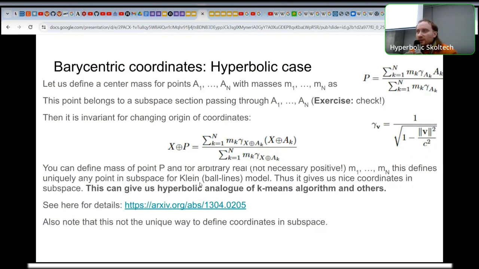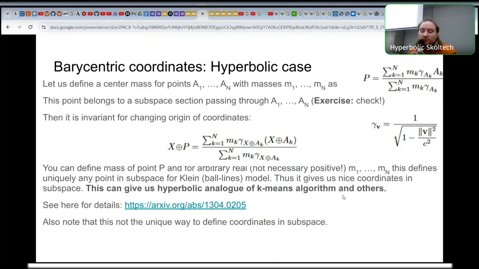And any method for defining barycentric coordinates will give you something like a hyperbolic analog of the k-means algorithm or something similar.